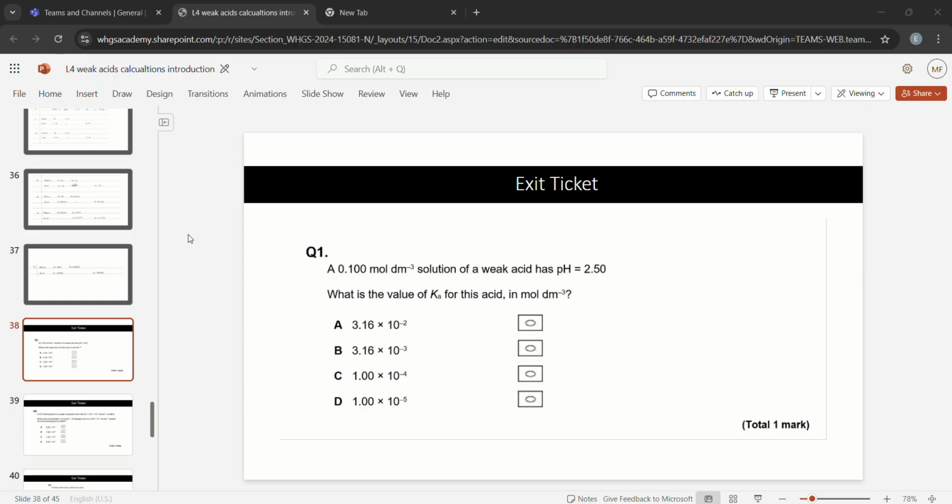Concentration of cyanide ions would be what? I've got Ka, so that's out of the way. I know 0.010 mole per dm cube solution of HCN, so that is HA in this case. Concentration of cyanide ions.